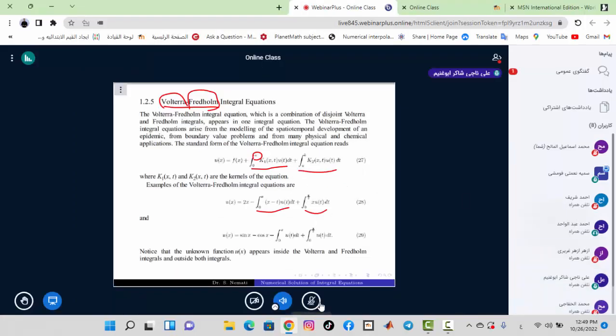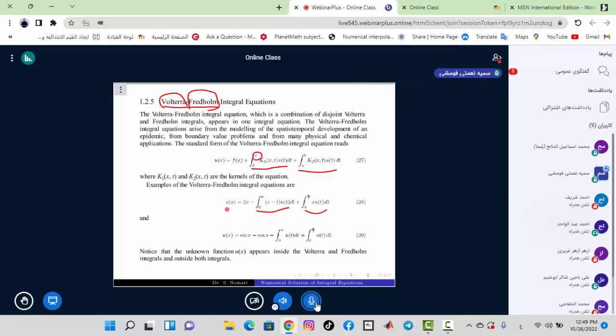First integral equation. First? Why first? Because there is no equation f of x equal to e to x or x square. No. When you say first kind or second kind, it refers to the presence of the unknown function outside the integral sign or only inside.